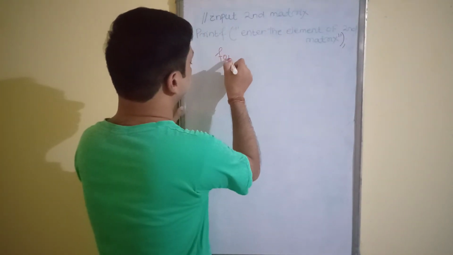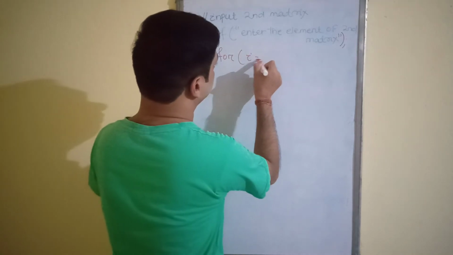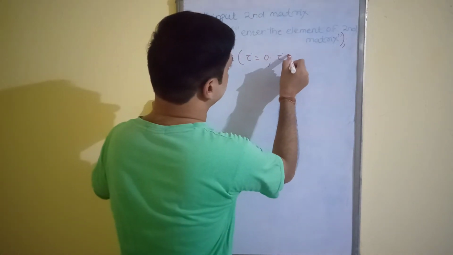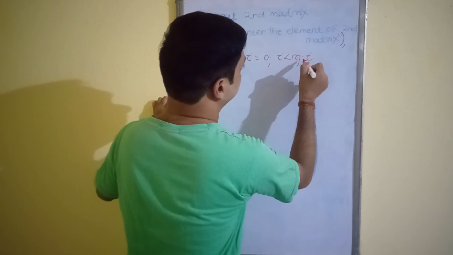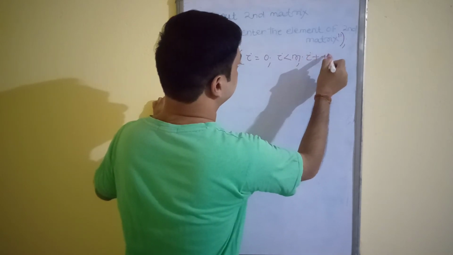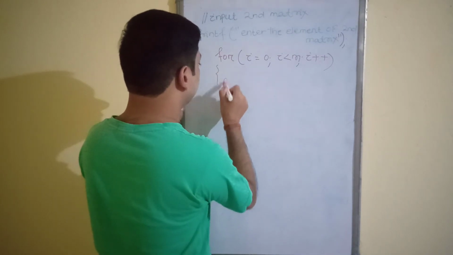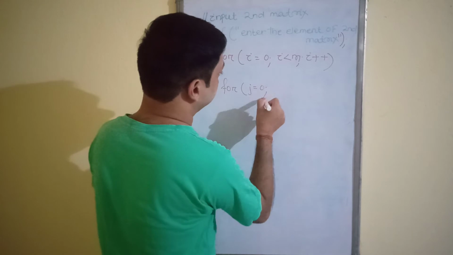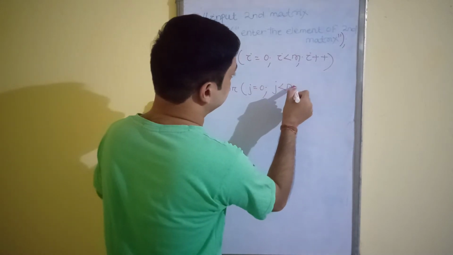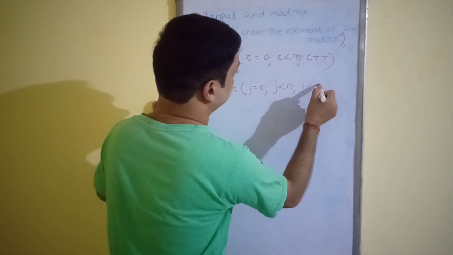That is, for i equals 0, i less than m, i plus plus. Similarly, we have to go for j equals 0, j less than n, j plus plus.